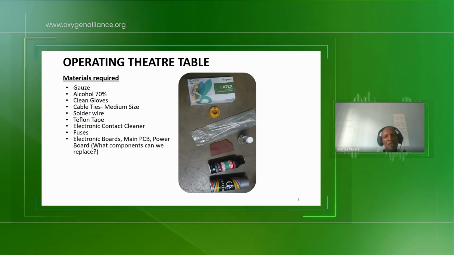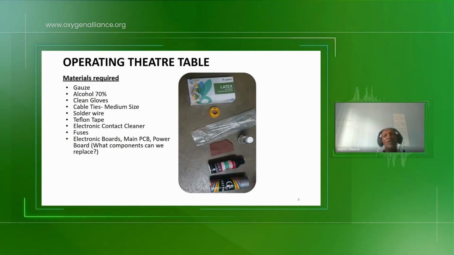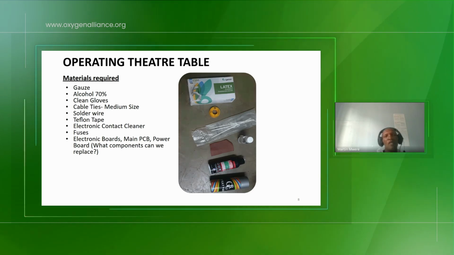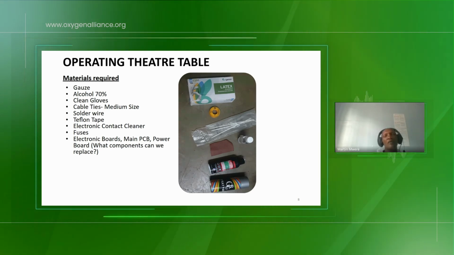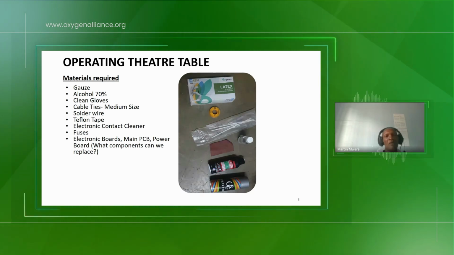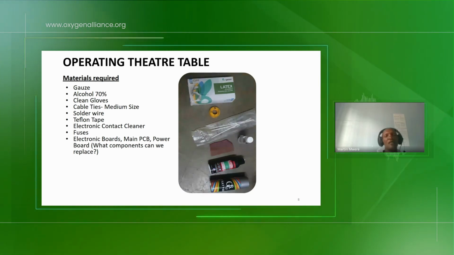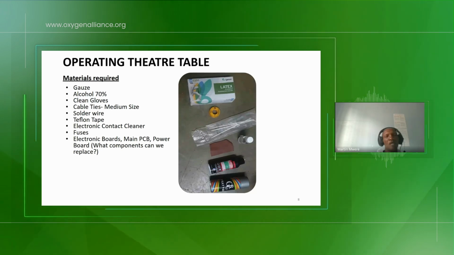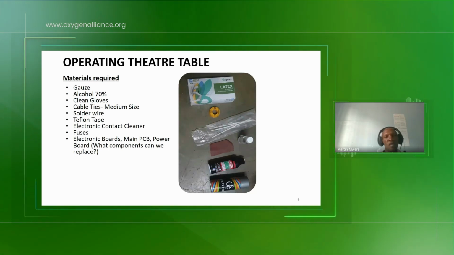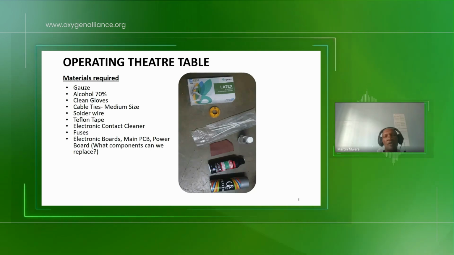What are the materials required if the engineer would want to service or repair the operating theater table? We need to have gauze, and remember that the gauze is a bit rough. This allows the stains to be removed. That's why we are using gauze, not ordinary cotton cloth.